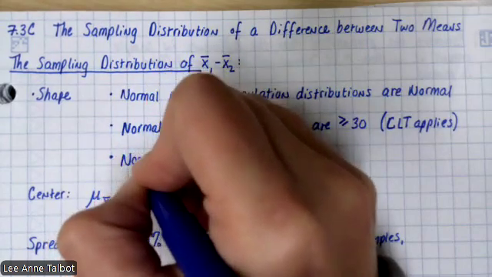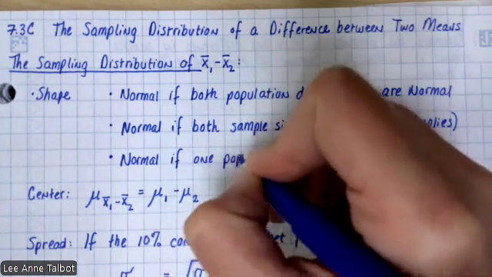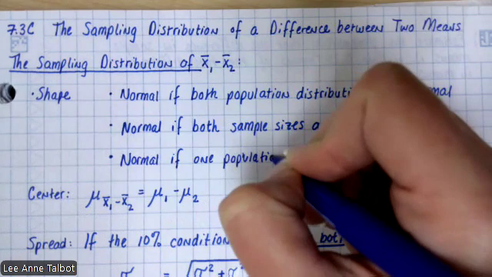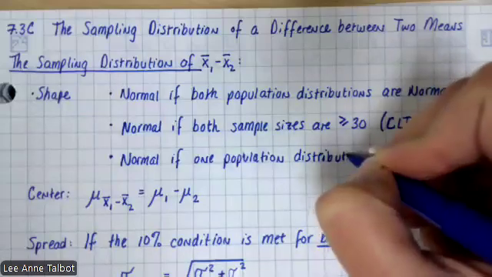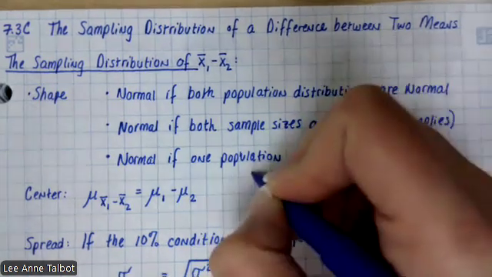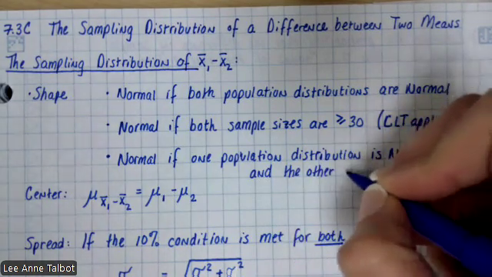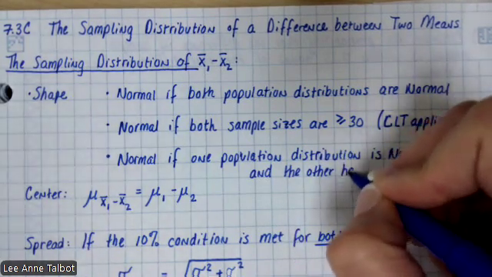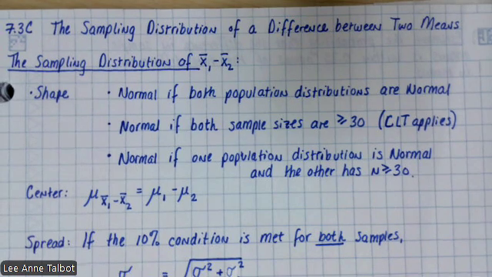Okay, and then there's a third possibility. So since there's 2 of them, there's 3 options.